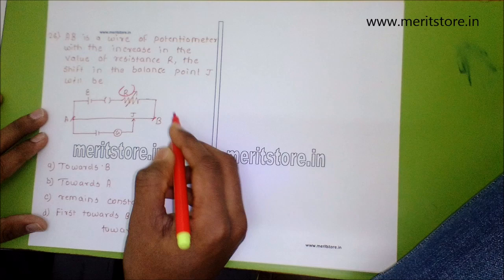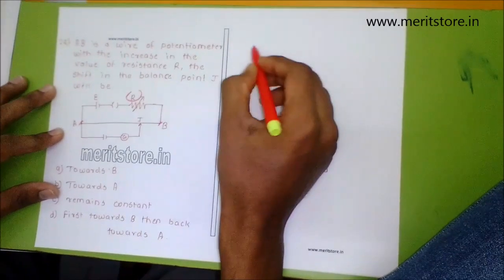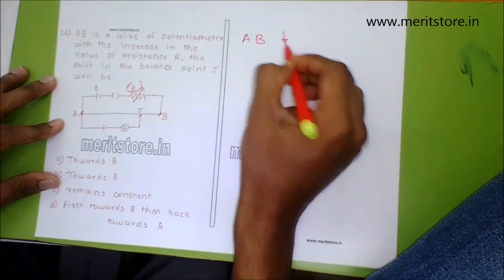Now when the value of the rheostat is increased, the potential gradient across the wire AB decreases.